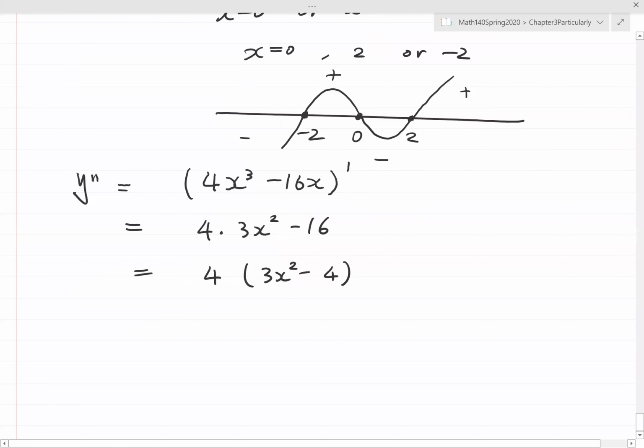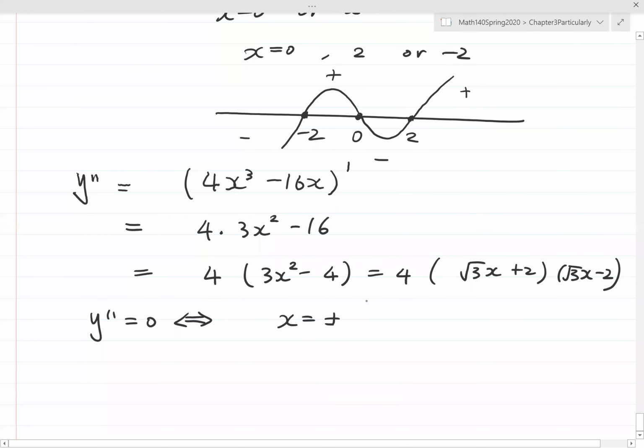Factor it: 4 times root 3x plus 2, root 3x minus 2. So it has two roots. The second derivative being 0 is equivalent to x is plus or minus 2 over root 3.